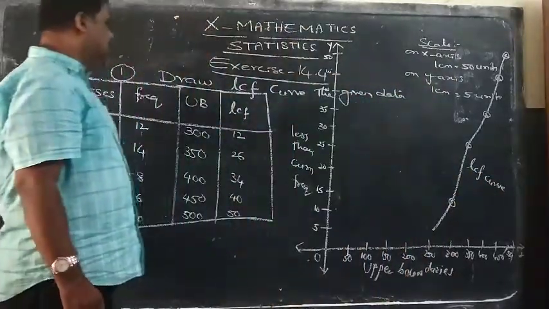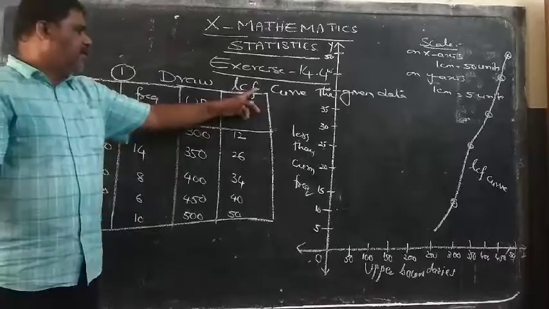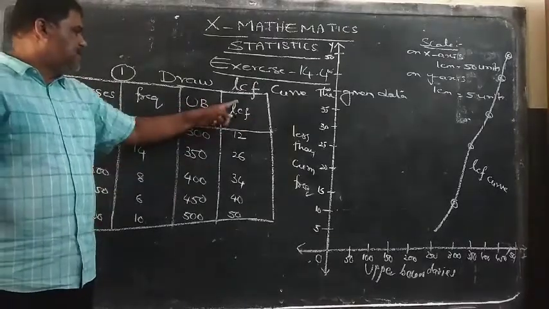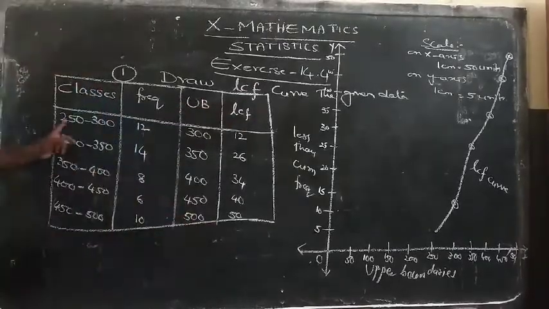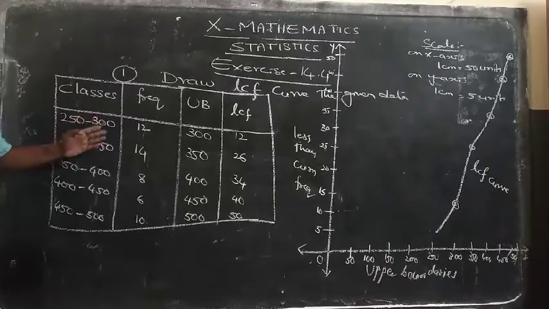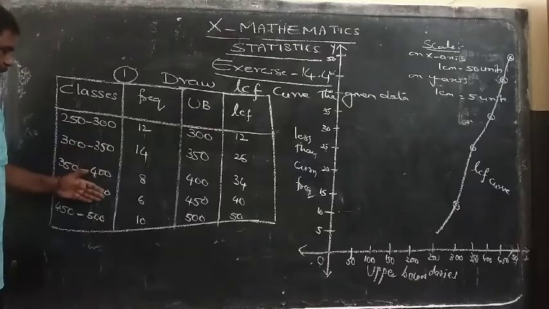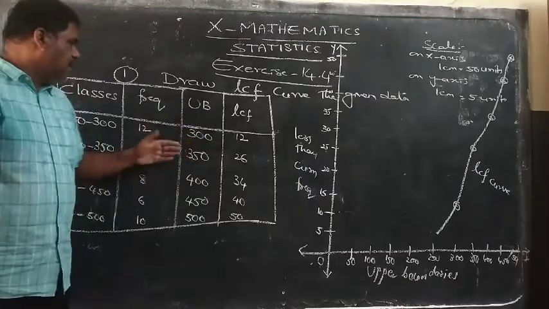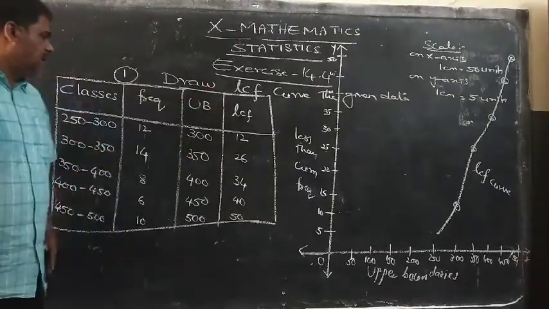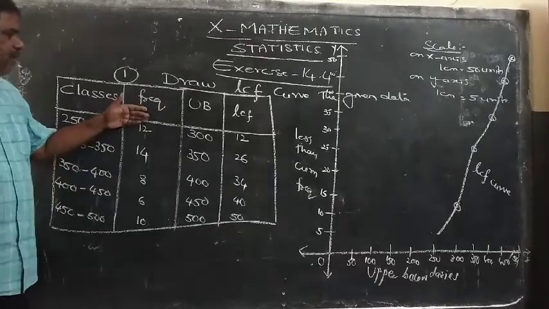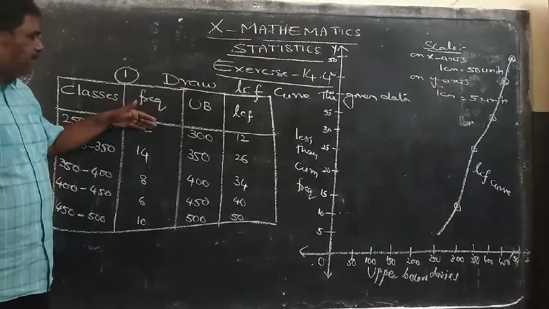So to draw a less than cumulative frequency curve, we have to write upper boundaries and LCF. For exclusive classes, the upper limit will become the upper boundary. So 300, 350, 400, 450, 500. Less than cumulative frequency of a class is the sum of all frequencies from the beginning up to that class.